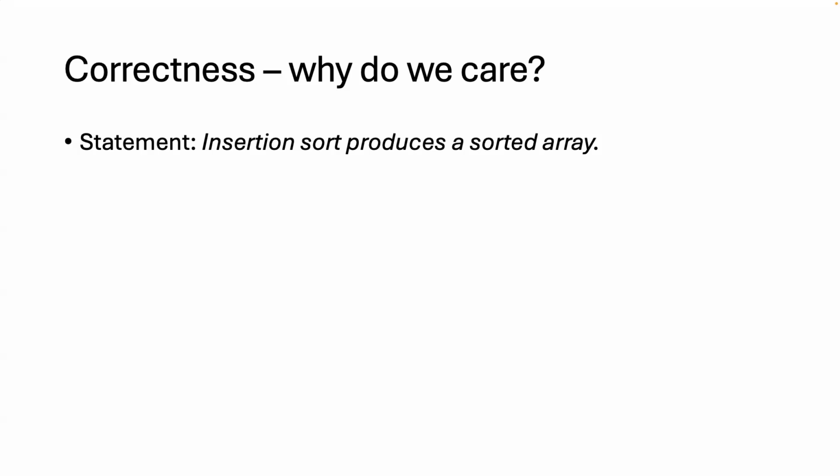So we pick, okay, this is my new thing, I'm going to put it where it belongs. This is my new thing, I'm going to put it where it belongs. And so we can make a statement about insertion sort: insertion sort produces a sorted array. That's a statement. It's either true or it's false. Generally, we would like to say that it's true, right? Because that's the whole idea.